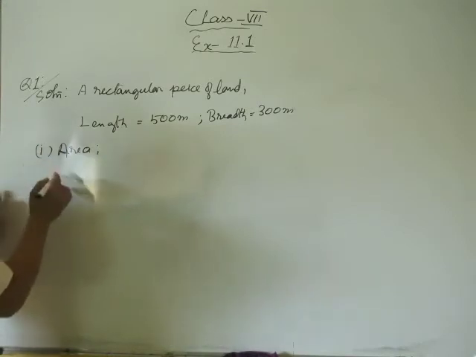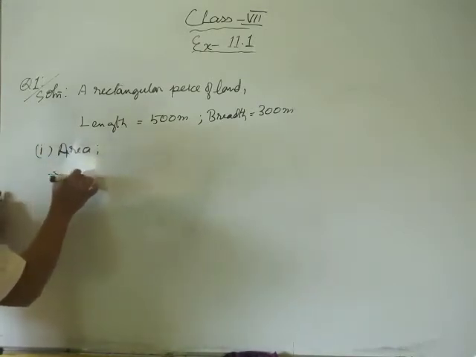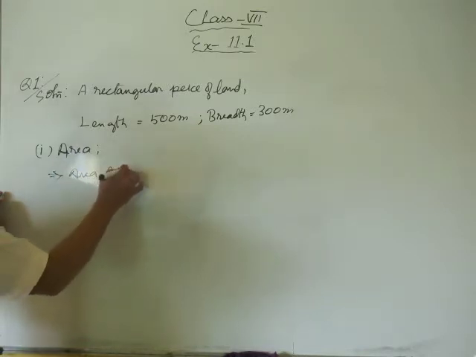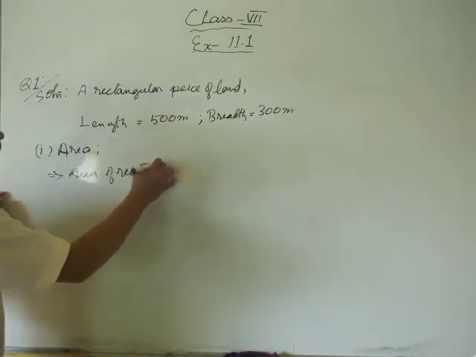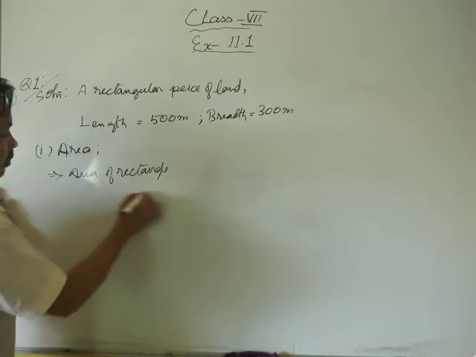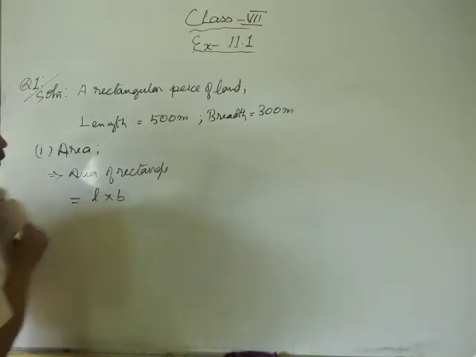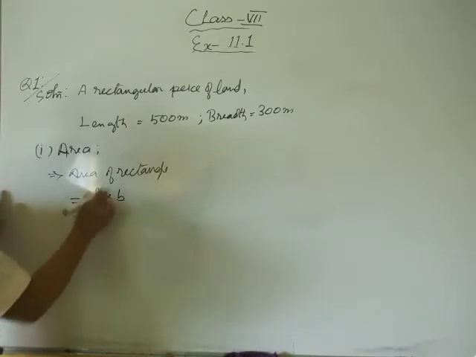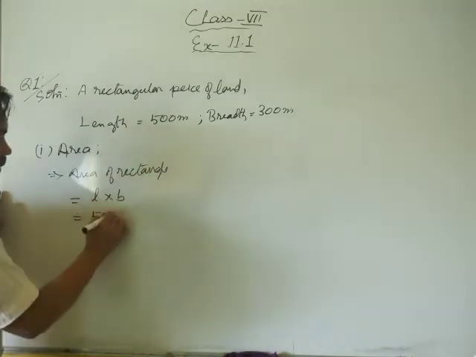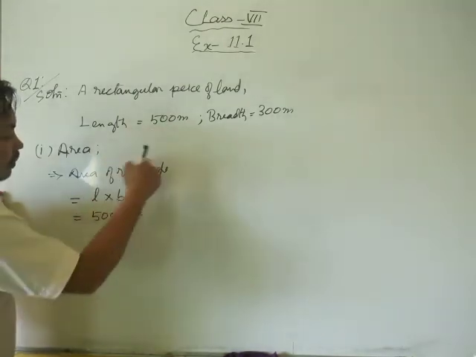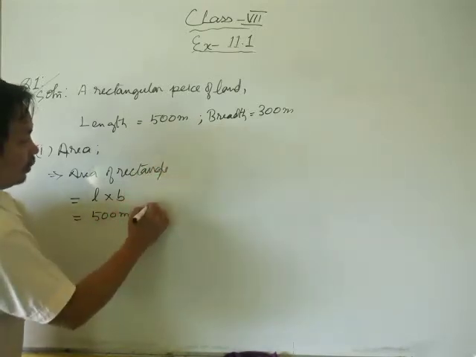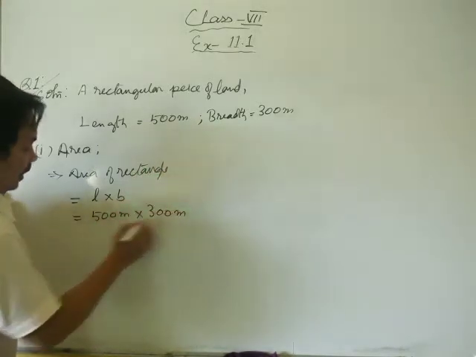We know that the area of a rectangle is equal to L into B, length into breadth. That means L is how much? 500 meter into breadth, how much? 300 meter, isn't it?